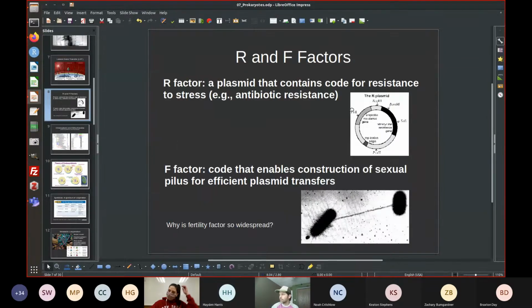This is just a schematic of a plasmid. It contains just a few genes. This is another reason why horizontal gene transfer is so common in bacteria: they've got circular chromosomes, and so these little circular plasmids can be read by them really easily.